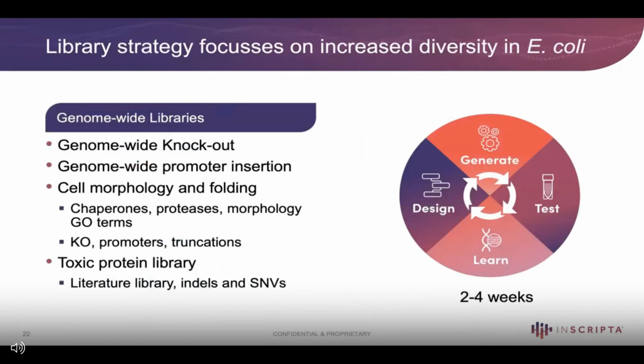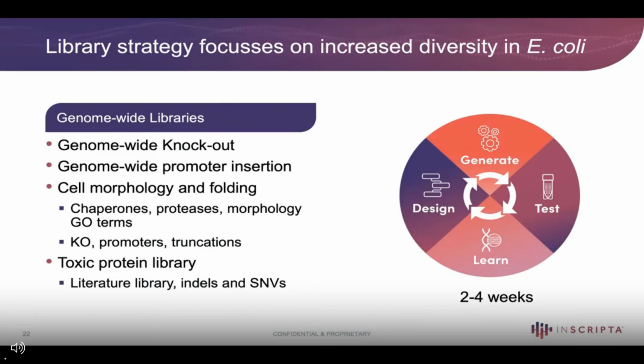So the libraries that we're engineering on, similar to the yeast story, are a number of different genome-wide libraries, such as the genome-wide knockouts in the B strain, as well as a genome-wide promoter insertion, upregulating the expression of all coding sequences one by one per cell.